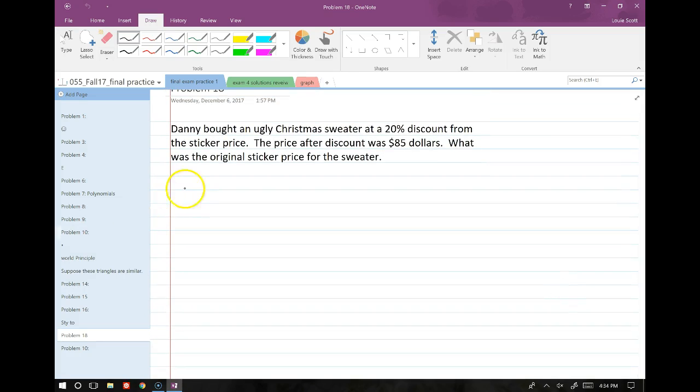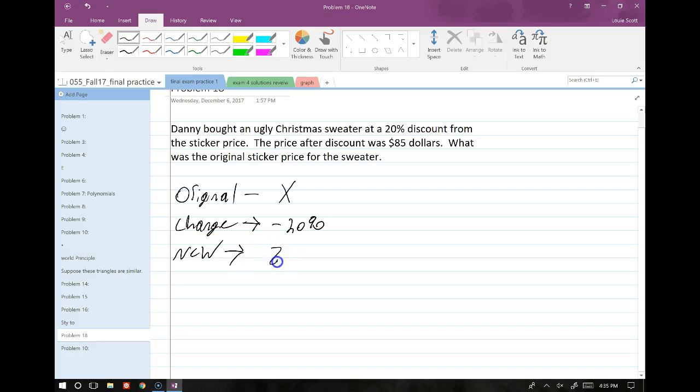All right, three important numbers. We have the original, the change, and the new. Our original, we don't know what that was, so we're going to call it x. Our change was a 20% discount, so we're going to write this as negative 20%. And our new was $85.